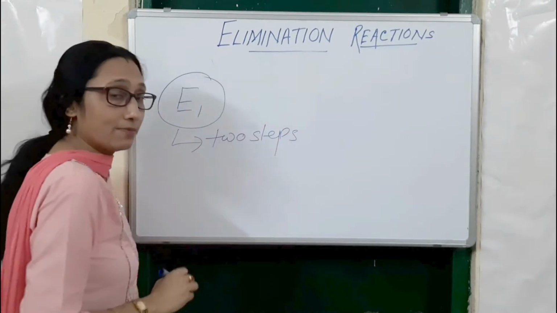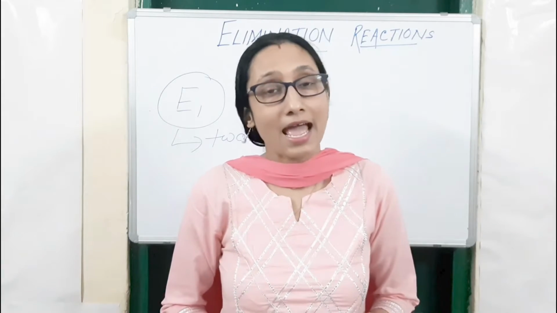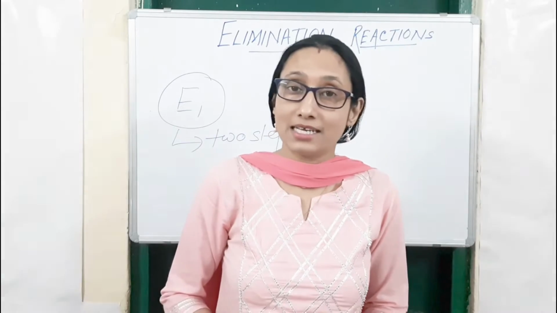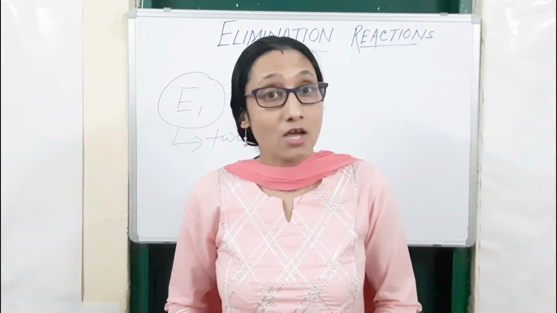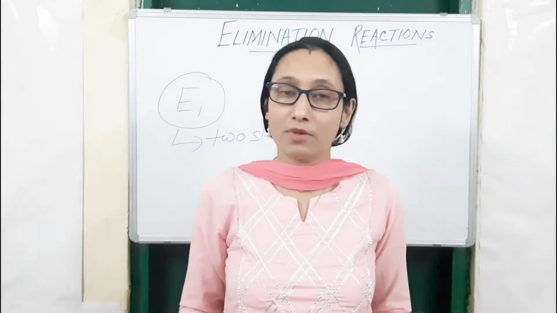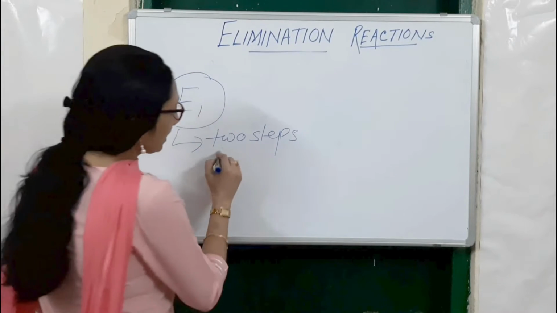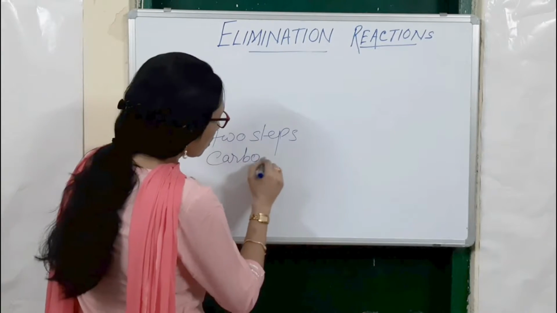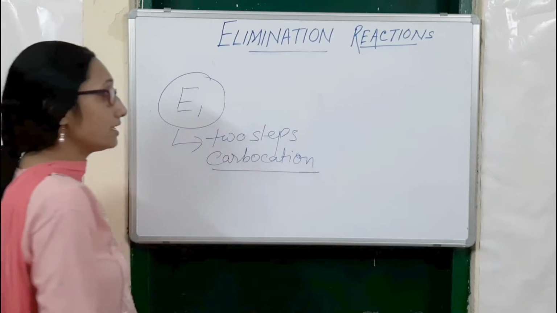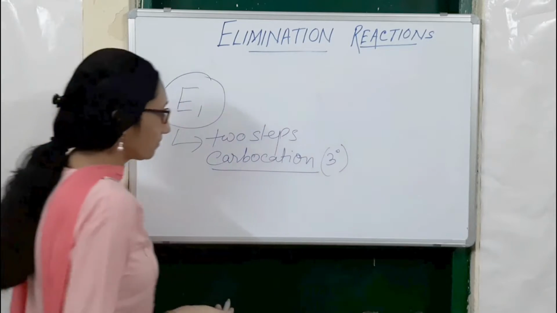The first step leads to the formation of a carbocation, and in the second step, the carbocation is attacked by a base which abstracts a beta hydrogen, leading to the formation of an alkene. Since in E1 a carbocation is formed, tertiary alkyl halides are a very good substrate for E1 reaction.